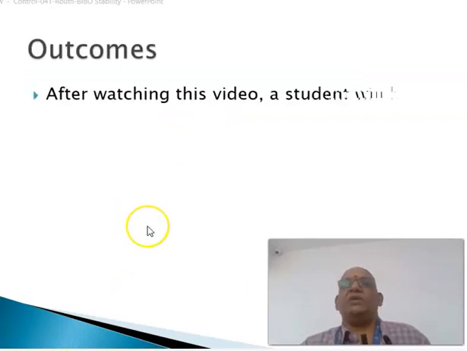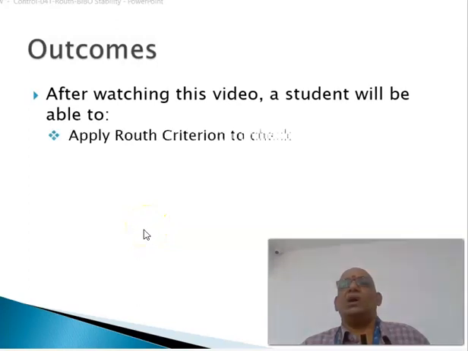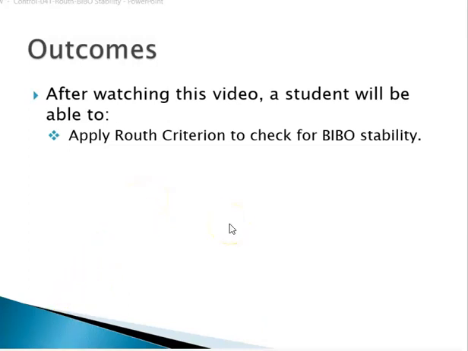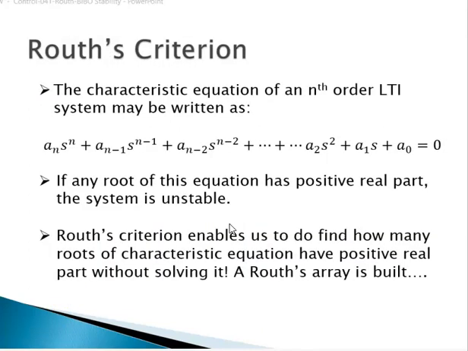After watching this video, perhaps you will be able to apply Routh criterion to check for BIBO stability. With that brief prelude, let us go into the video itself and see what is Routh criterion.